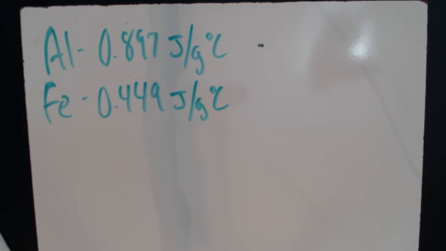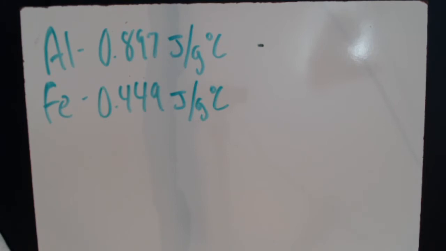Alright, so here's our equation. Q is equal to, this one's written in a different order, but it doesn't really matter, specific heat times mass times delta T. We're solving for, it says how many joules right here, right? So that means we're solving for Q.